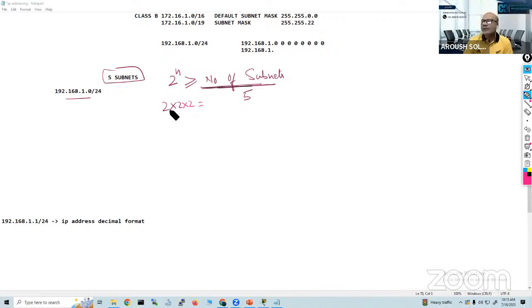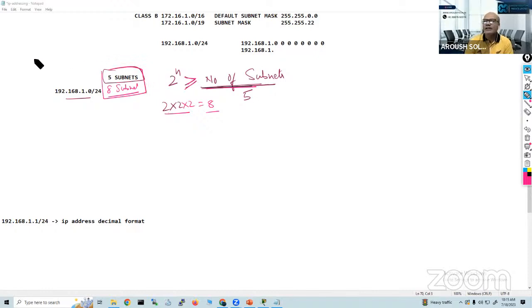How much will it become? 2 times 3 equals 8. As per the formula, it should be more or equal, but it should not be less. So 2 times 3 equals 8 is satisfying this formula. Means for 5 subnets and 8 subnets, what we have calculated, both are the same.